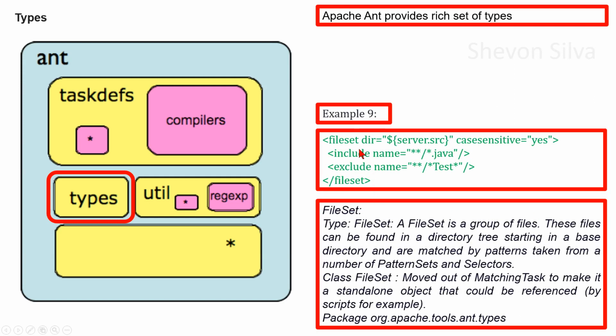Now we are considering file set, type file set. A file set is a group of files. These files can be found in a directory tree starting in a base directory and are matched by patterns taken from a number of pattern sets and selectors. With regarding API, we can consider class file set, moved out of matching task to make it a standalone object that could be referenced by script, for example.